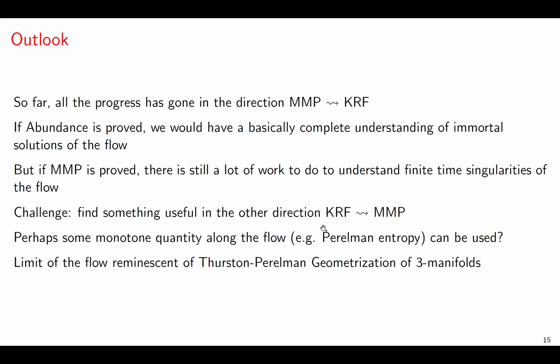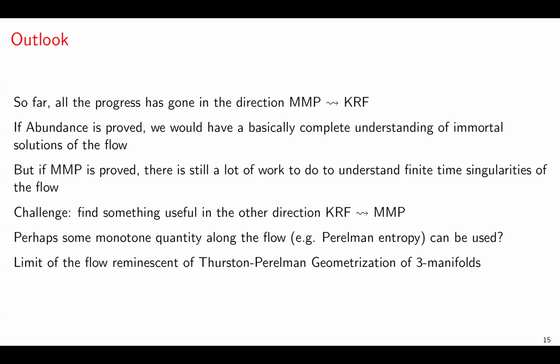But in any case, all the progress that I can see has been going in one direction, from the MMP or Kähler MMP to the Kähler-Ricci flow. And in particular, we can see that if abundance was proved, then we would have a basically complete understanding of immortal solutions of the flow, because that was the only missing point to have the Iitaka fibration.